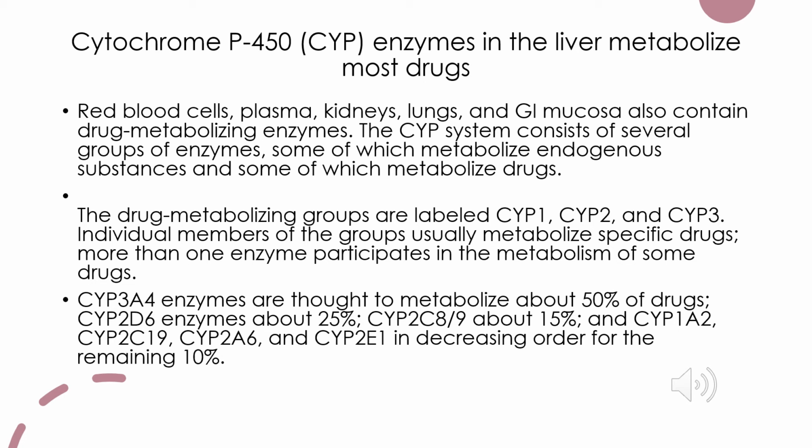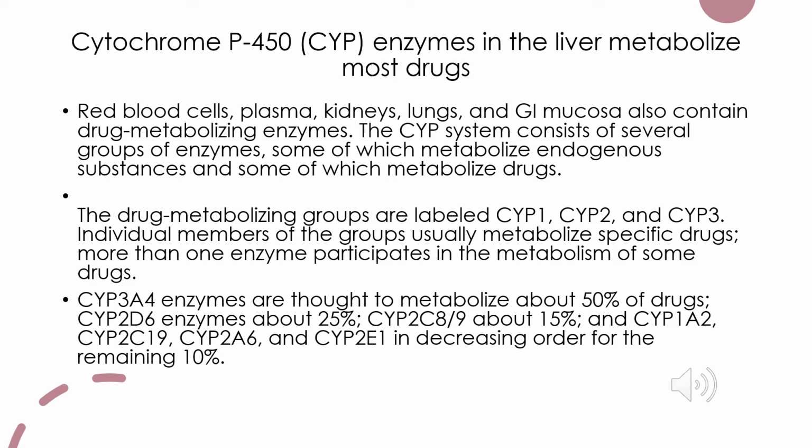Cytochrome P450 enzymes or CYP enzymes in the liver metabolize most drugs. Red blood cells, plasma, kidneys, lungs, and GI mucosa also contain drug metabolizing enzymes. The CYP system consists of several groups of enzymes, some of which metabolize endogenous substances and some of which metabolize drugs.